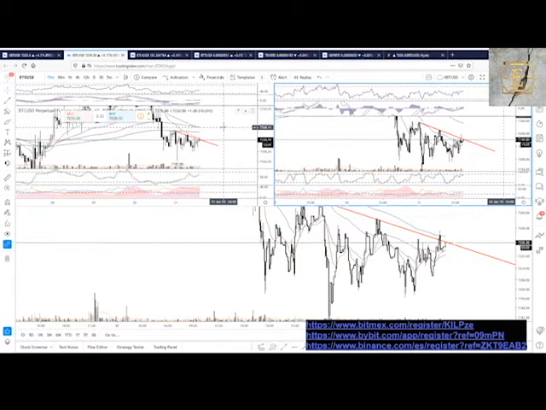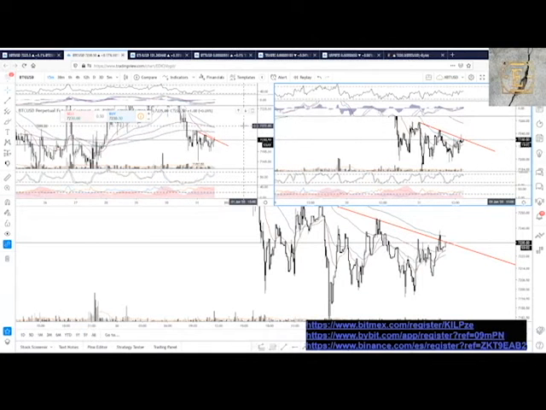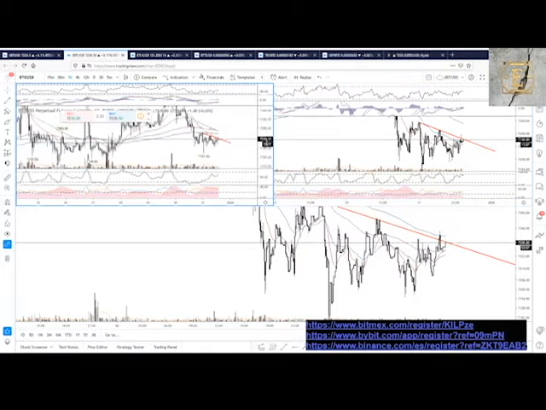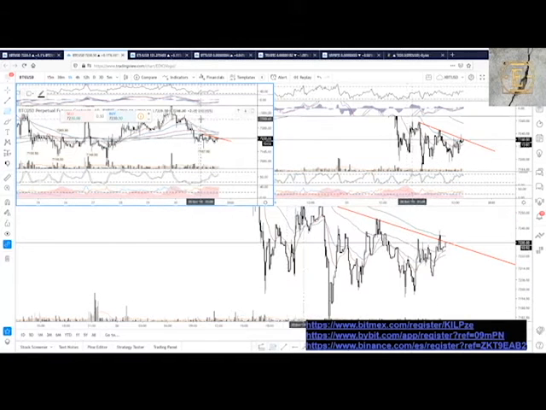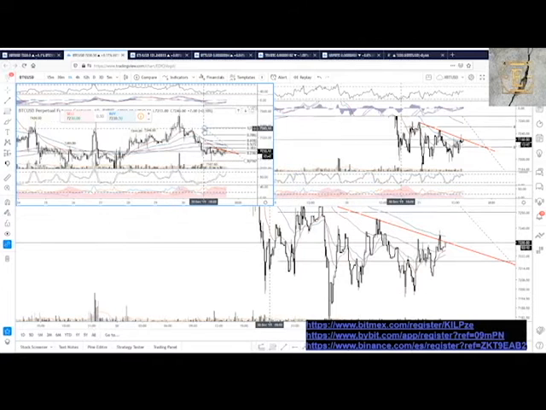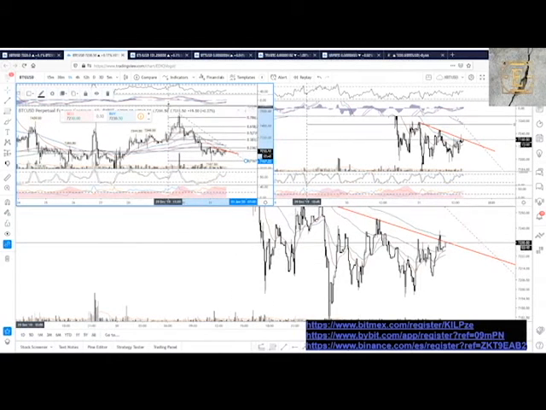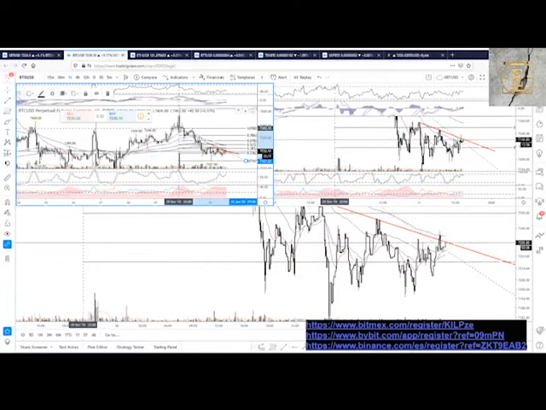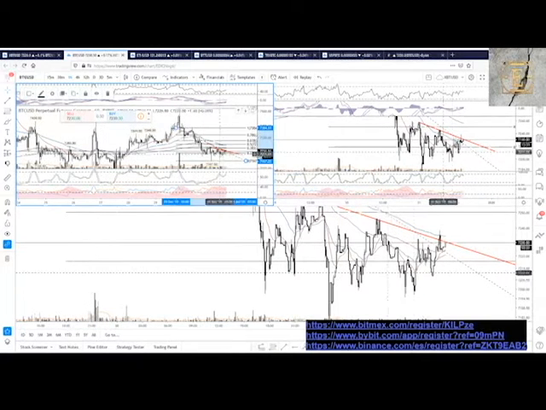So let's say this is a good spot on 1 hour. Last one, if we put the Fibonacci here, yeah, sure, it looks like, let's say this is one wave, this is the other wave.